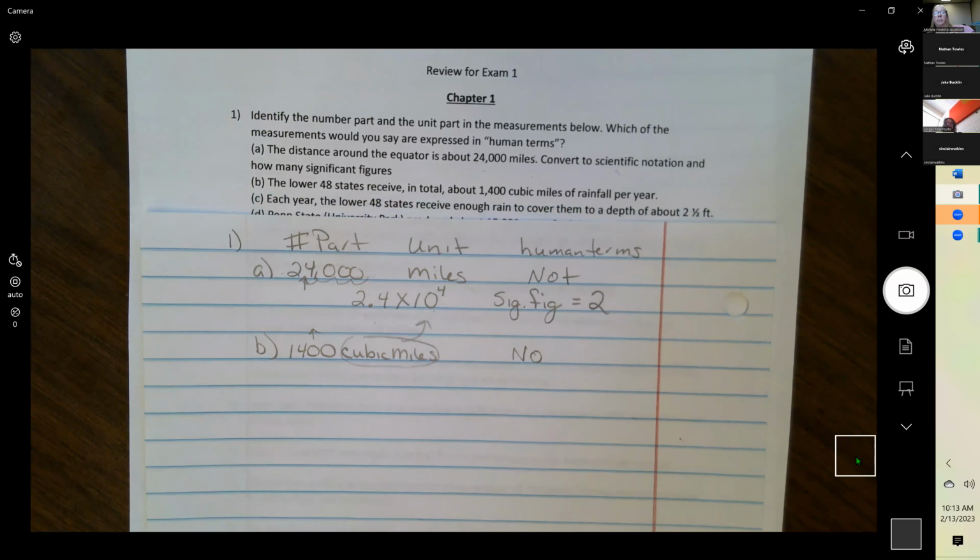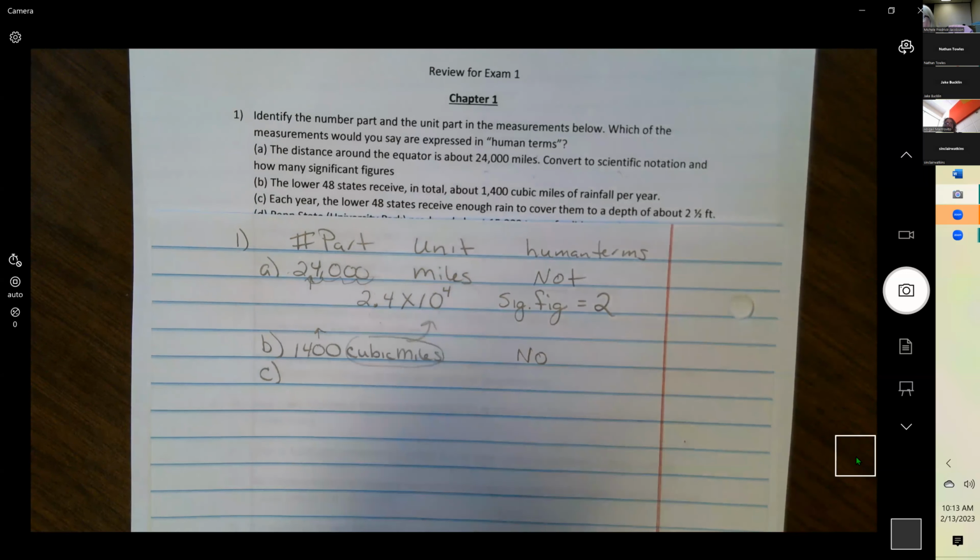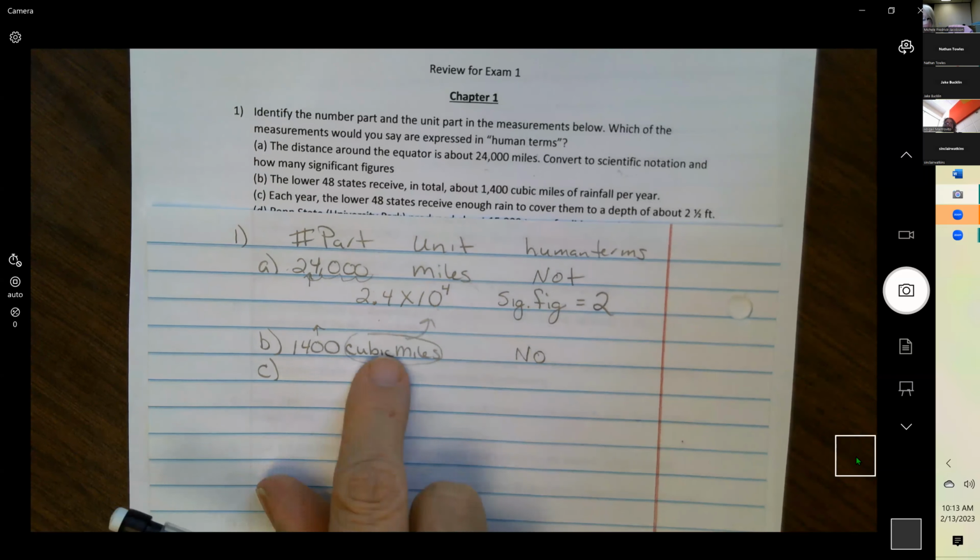The next one is putting it in human terms. Each year, the 48 states receive enough rainfall to cover them in a depth of about 2.5 feet. So you're thinking of all the states with 2.5 feet of rain. That's a lot. But it's a lot easier to visualize than 1,400 cubic miles.